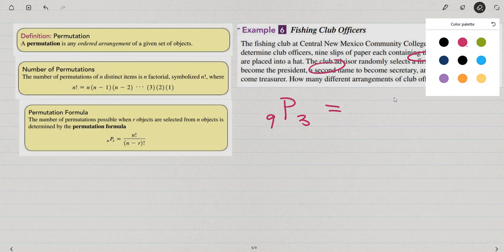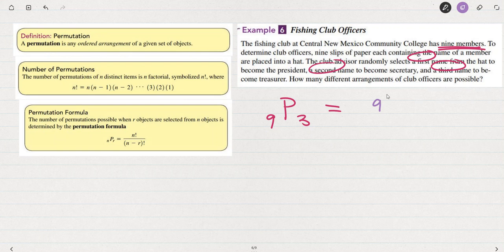When I write this out in the formula, I'd have 9 factorial over 9 minus 3 factorial. So that's 9 factorial over 6 factorial. I could simplify this by saying 9, 8, 7.